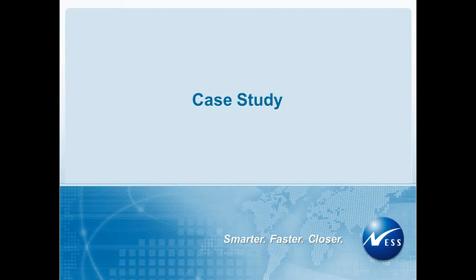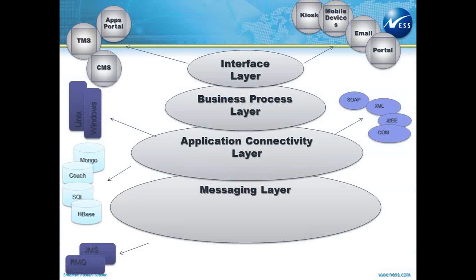Let's look at a case study, right? This is a generic enterprise architecture, complex and large in nature. As you can see, we have a whole bunch of layers here.